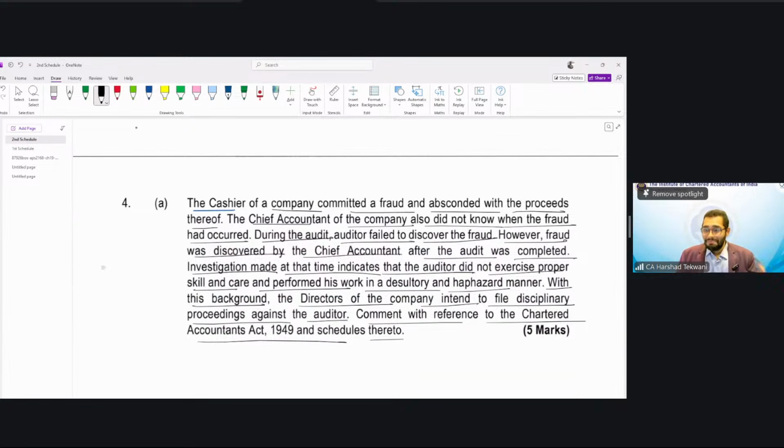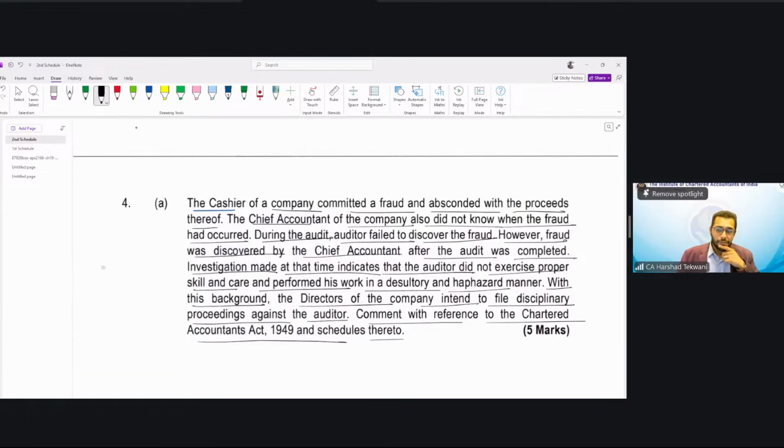However, he missed identifying the fraud. Someone else identified that fraud, and now they want to report the auditor's inappropriate work, where the auditor did not exercise proper skill and care, and they want to initiate disciplinary proceedings against the auditor. You need to comment in this regard.